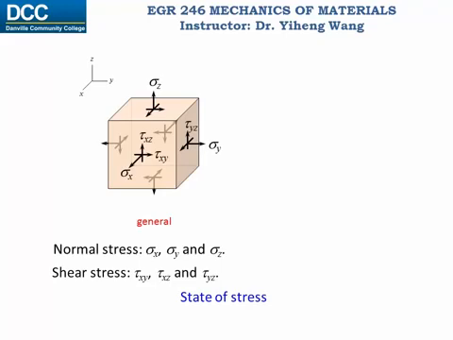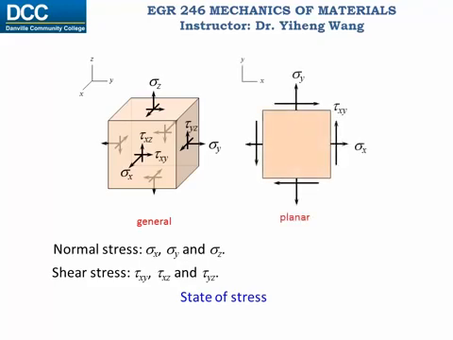When we reduce our 3D analysis to 2D analysis, in other words, we focus on the state of stress within only one plane, in this case the XY plane, then there are only 3 stress components: the 2 normal stresses along the XY axis and the shear stress within the XY plane. And this is called the planar state of stress.